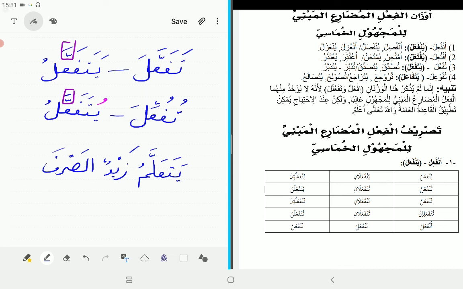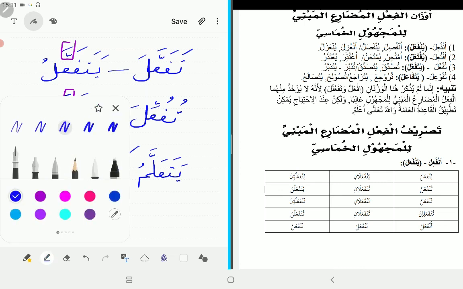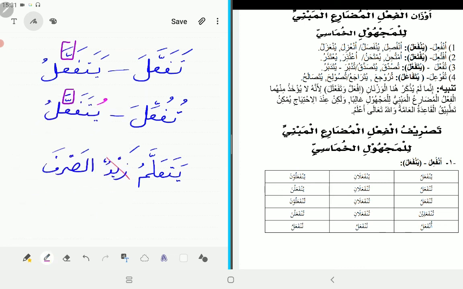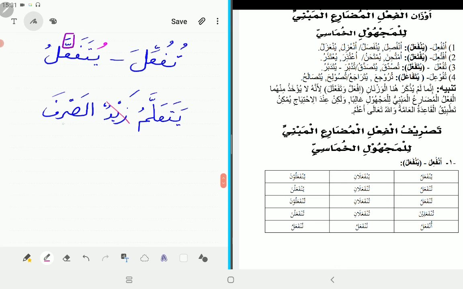How will I make that conversion? For the first step, when you want to make something passive voice, what do you do? Remove the fa'il. We're going to get rid of Zayd. Then we're going to take this sarf and put it in the place of Zayd. So the word will then become as-sarfu.